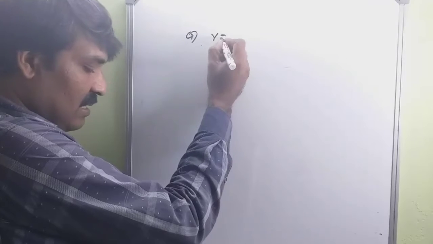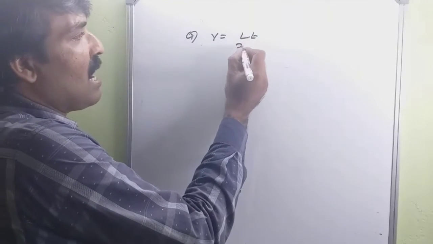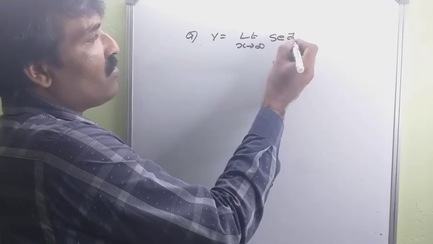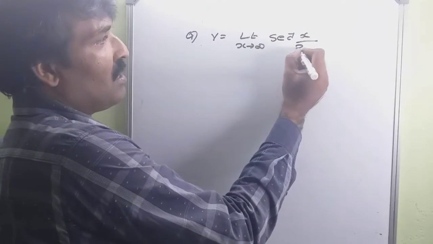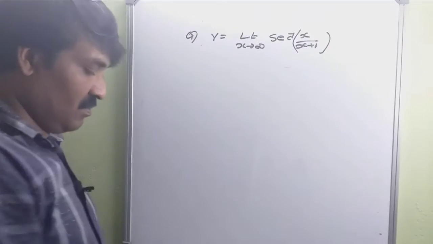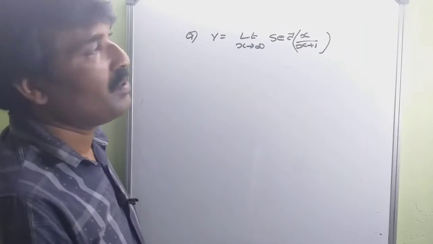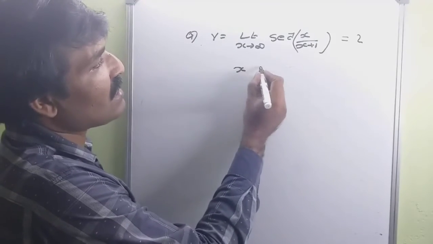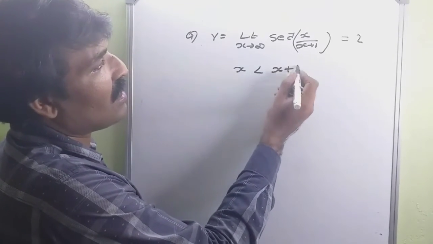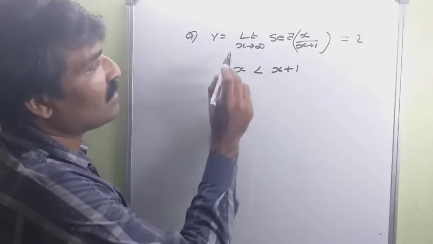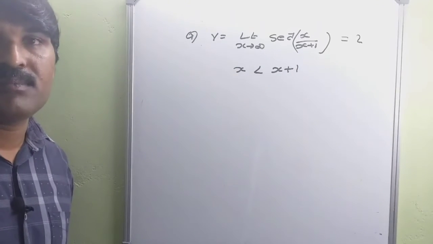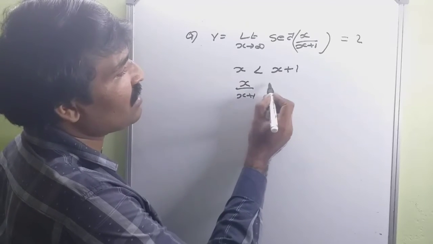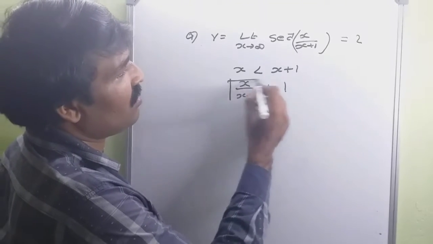Next, limit x tends to infinity of sec inverse of x divided by x plus 1. Now, what is the value? We know that x is less than x plus 1, and x is tending towards infinity, so x is a positive quantity. Now, x divided by x plus 1 is less than 1.